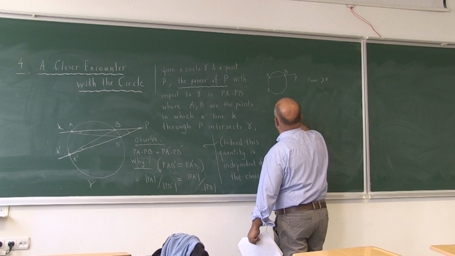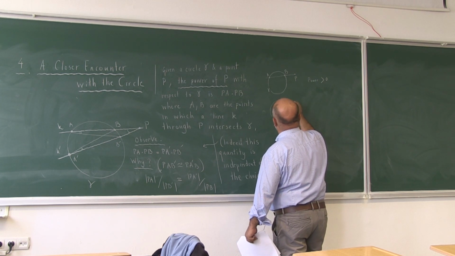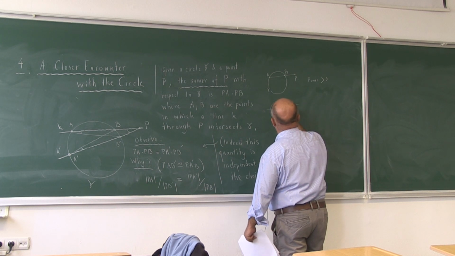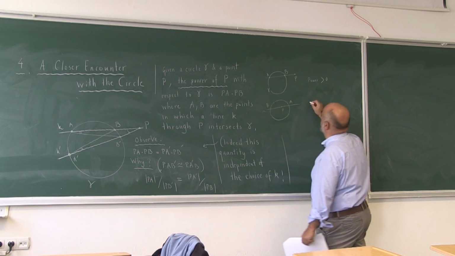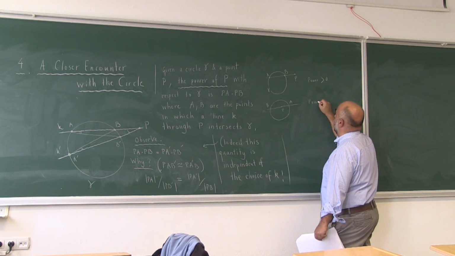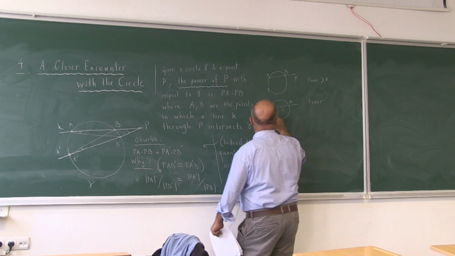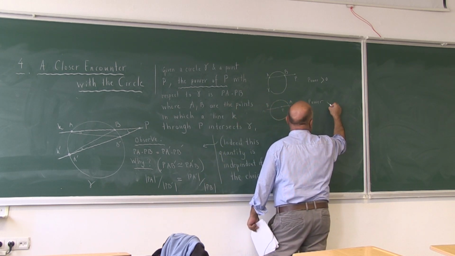If you choose your P inside your circle, then of course the power, which is PA times PB, is of course strictly negative.